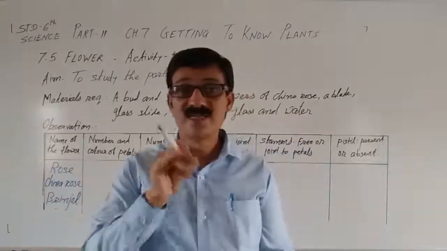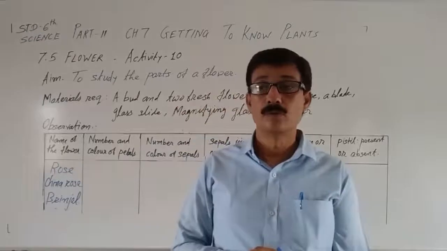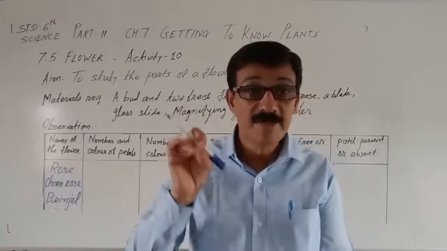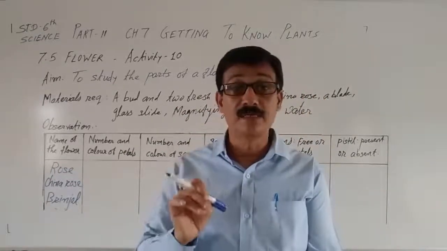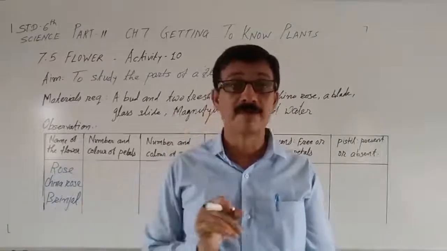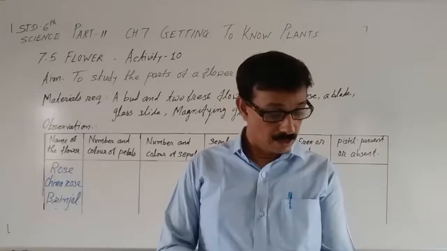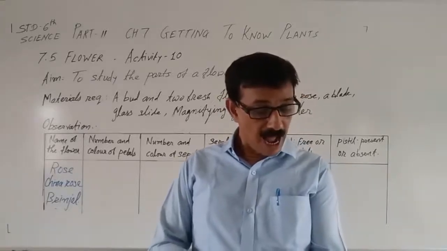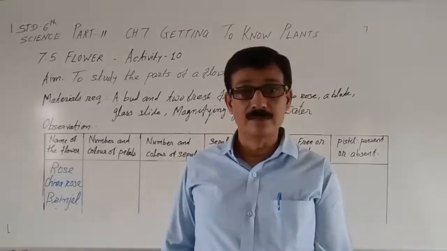If you have not seen yet, then let me tell you, each of these plants, be it grass, wheat, maize, or mango, everywhere there are flowers. Are those brightly colored?